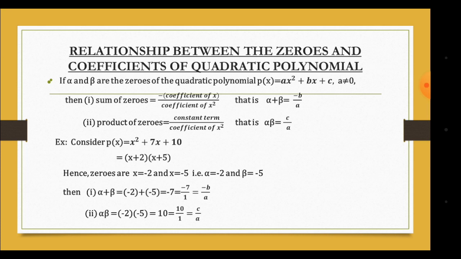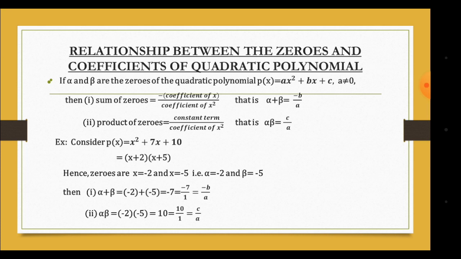So see here, if alpha and beta are the zeros of the quadratic polynomial p of x equal to ax square plus bx plus c, where a is not equal to 0, then the first relation is: sum of zeros is equal to minus coefficient of x upon coefficient of x square. Sum of zeros means alpha plus beta.